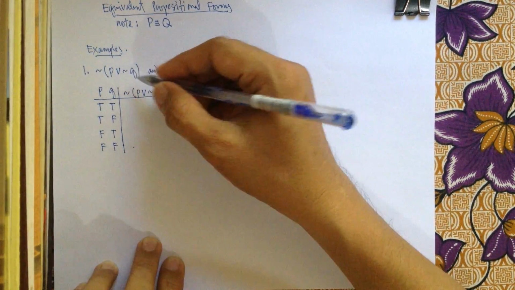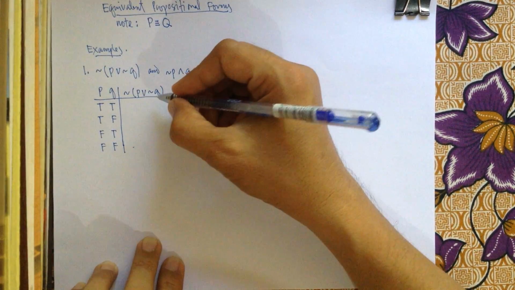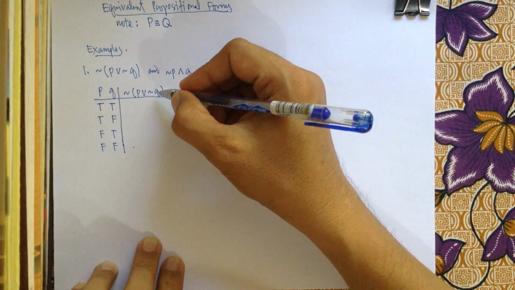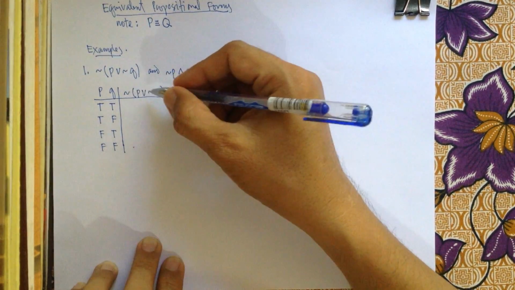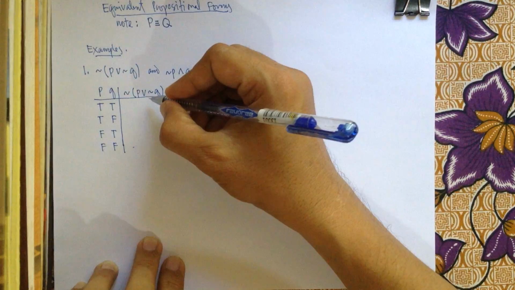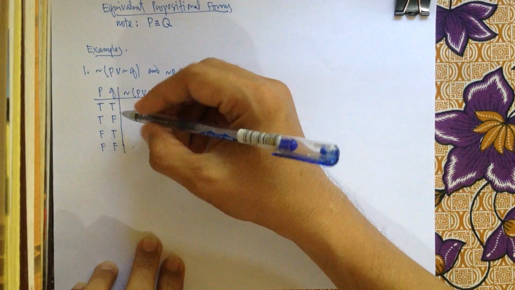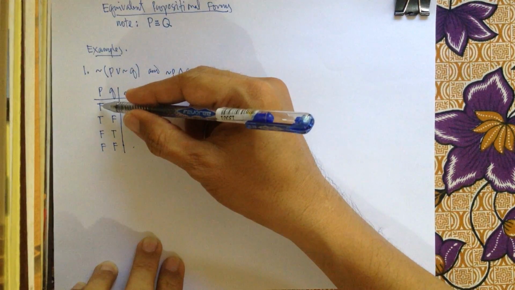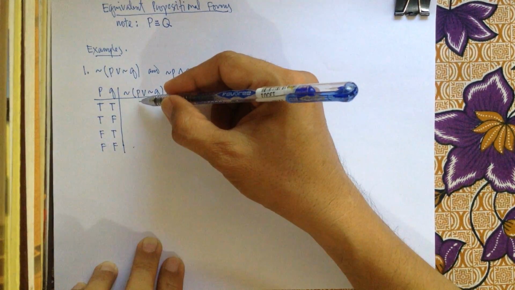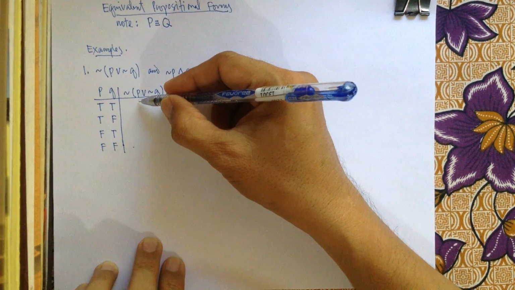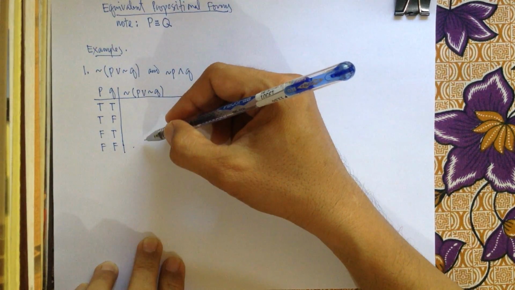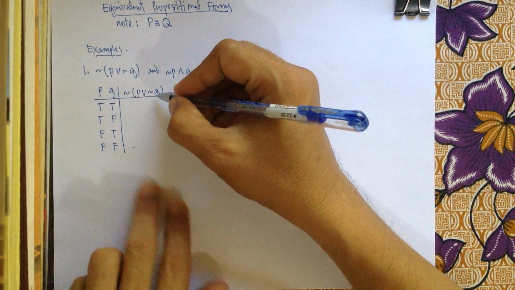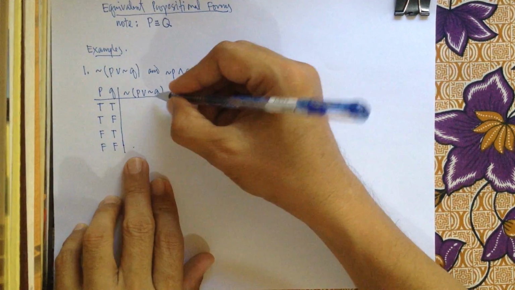To do that, we first have to determine the truth value of P or not Q before the negation outside can be applied. P is of course known here to be true, true, false, false, so you can choose to write that again, or not. I will choose not to write that anymore.